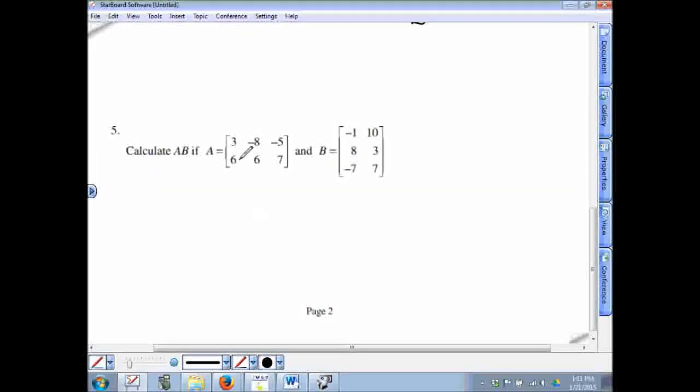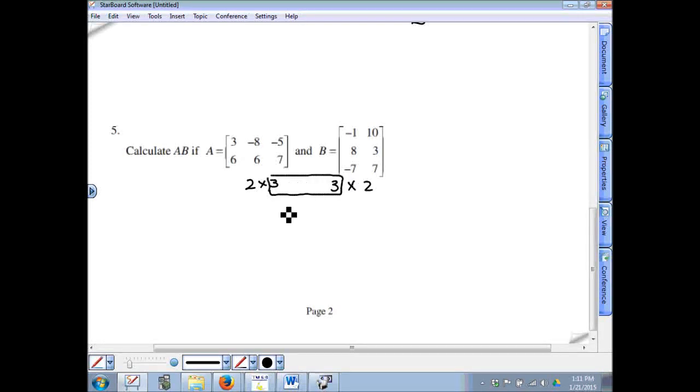Question 5. First we need to check that this multiplication is even possible. This matrix has 2 rows and 3 columns, so it's a 2 by 3. This matrix has 3 rows and 2 columns, so it's a 3 by 2.